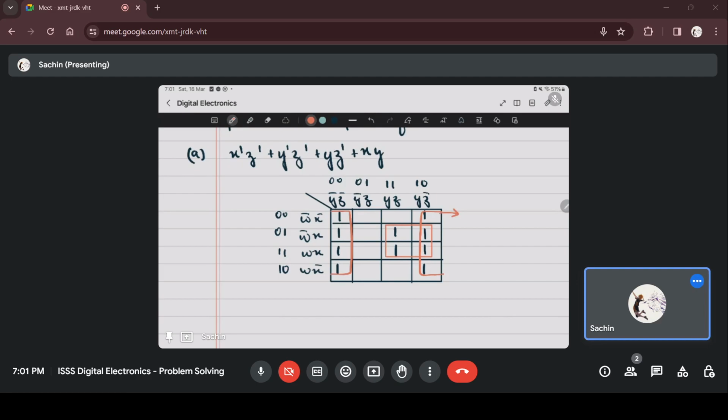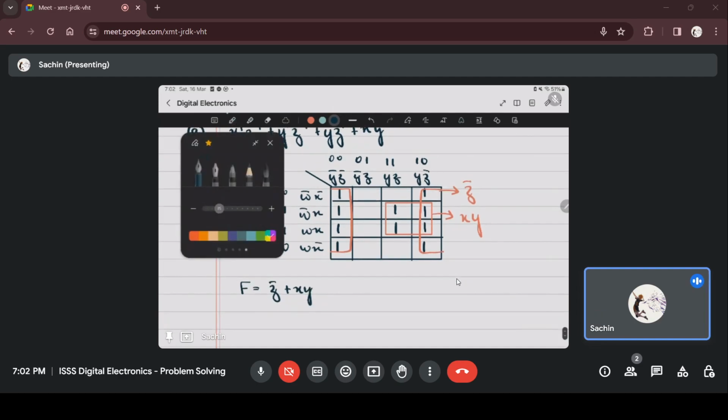This octet is z prime, z bar, and this quad is xy. So the function in sum of products form is z bar plus xy.